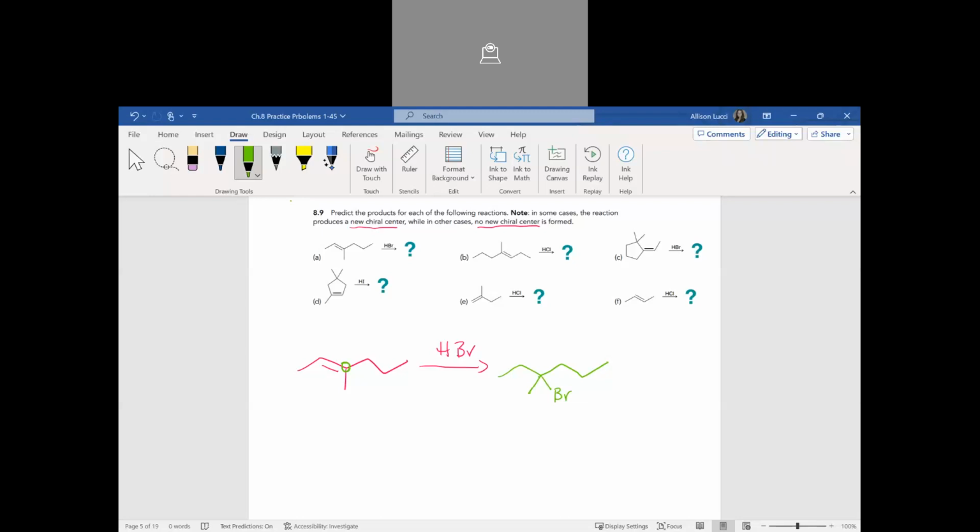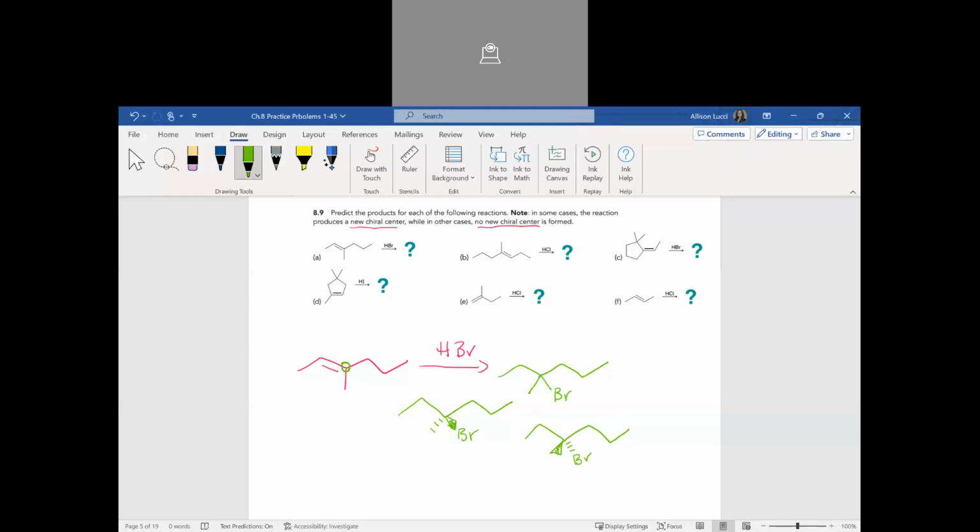And we know that we would have to indicate that if this is on a dash, then we would put our bromine here on a wedge, and we'll also generate the enantiomer. So if our methyl group here was on a wedge, then our bromine would be on a dash. So we have created a chiral center, and we ended up with a pair of enantiomers.